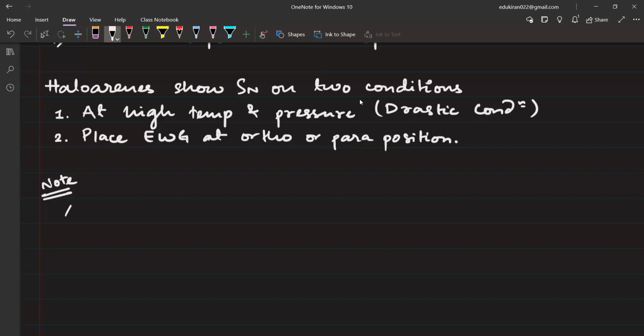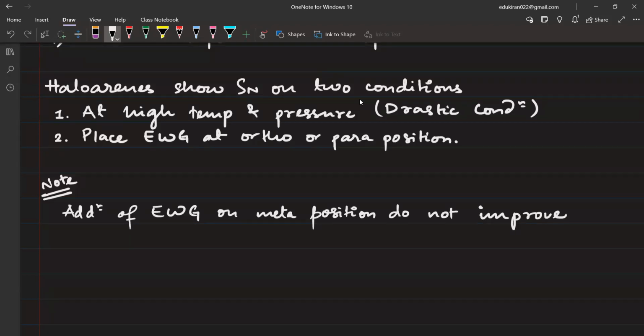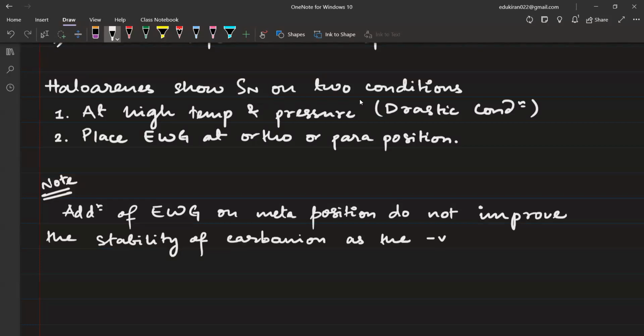Okay, so we'll write the note here: addition of electron withdrawing group on meta position does not improve the stability of the carbanion, because whenever we do nucleophilic aromatic substitution, a carbanion is formed. The stability of the carbanion is not improved as the negative charge is never at the meta position.